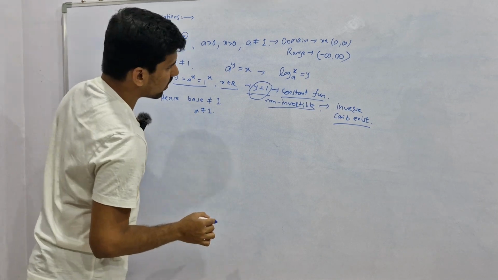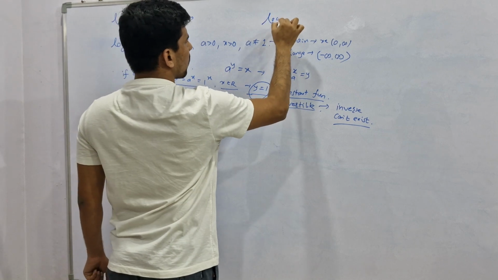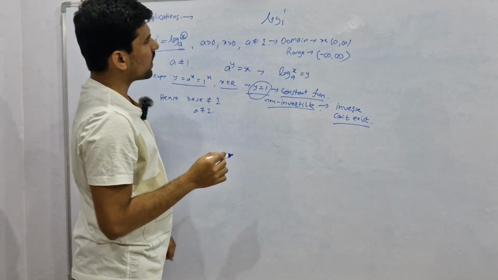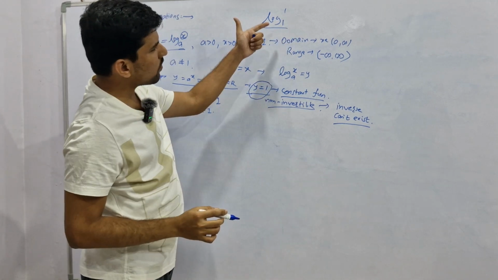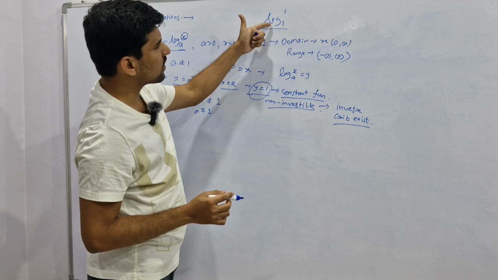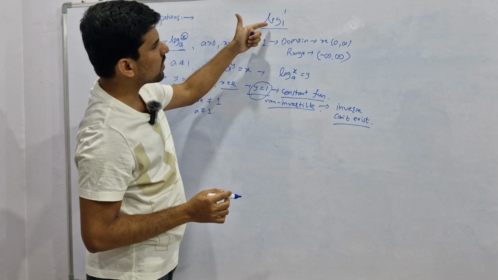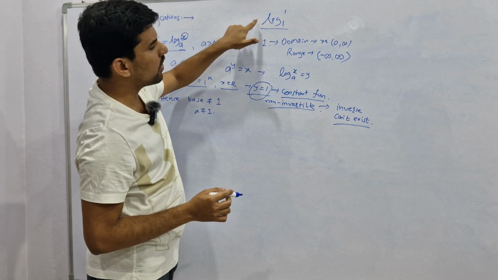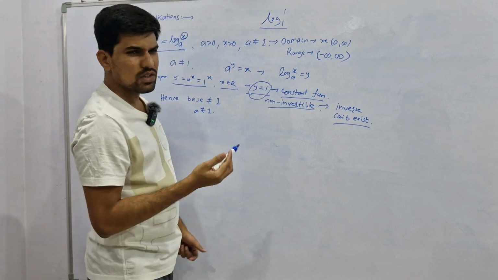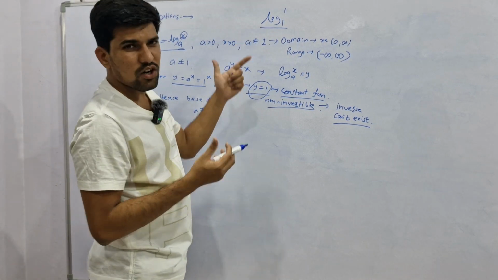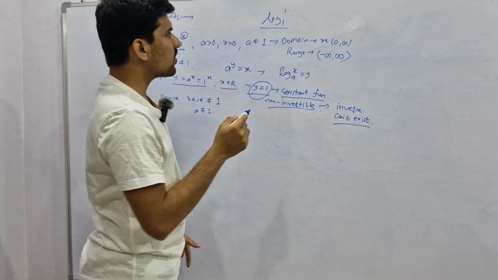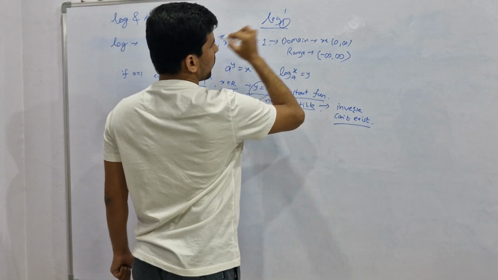You will ask me, sir, what is the solution of log 1 to the base 1? Any x belongs to R will give the solution, so any x belongs to R will be the value of log 1 to the base 1. Also with base 1 we cannot determine a unique logarithm, hence base cannot become 1.